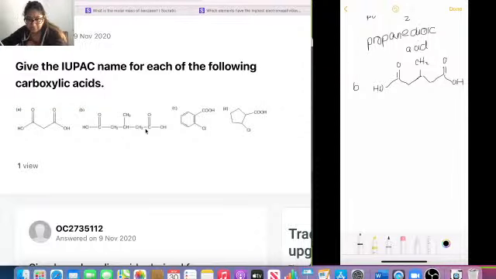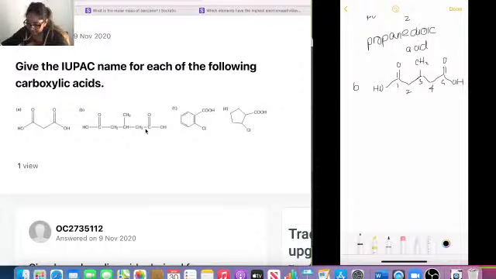To name this, we can see that each end could be your carbon 1, and we have two CO2H groups here, so it's going to be di, right? If we say this is 1, 2, 3, 4, and this is a 5th carbon, it's going to be pent.